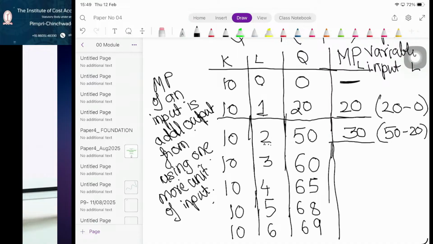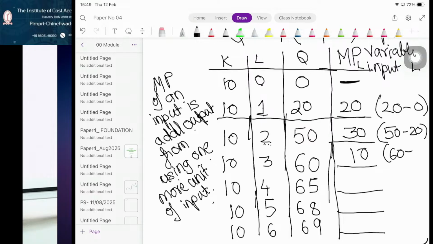Yeah, very good, that's right, absolutely right. Just do the other steps, fill in the blanks and tell me what is the marginal product in the next case. Okay, very good, absolutely right.